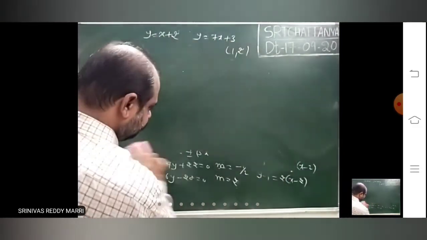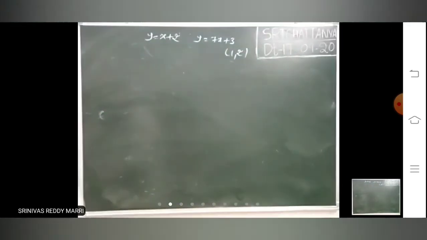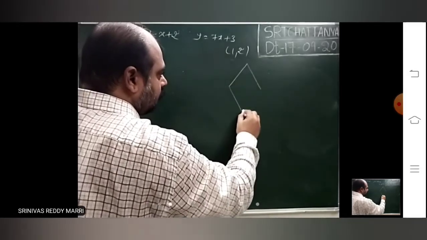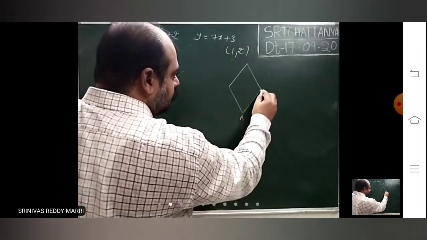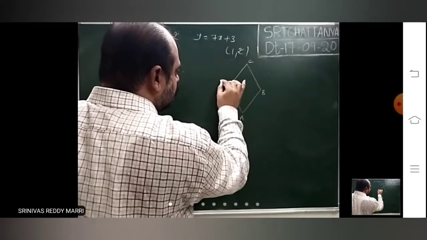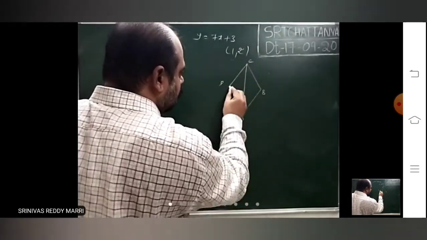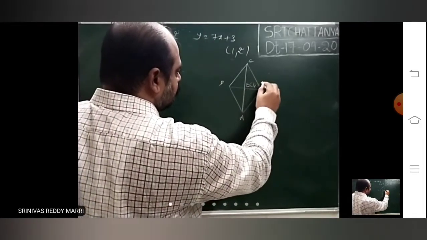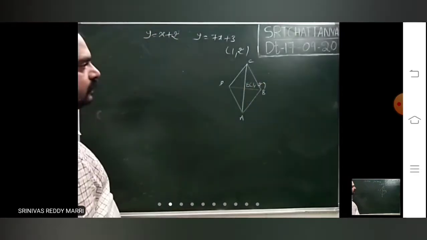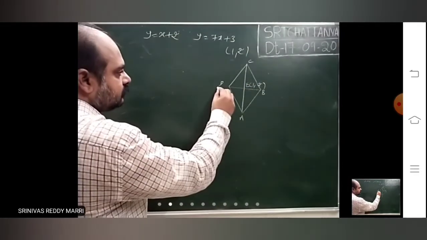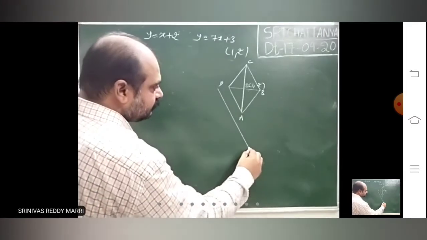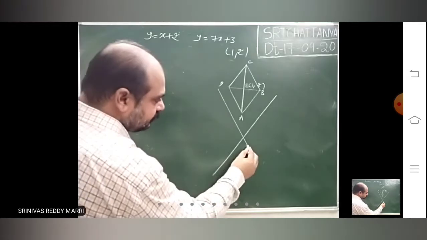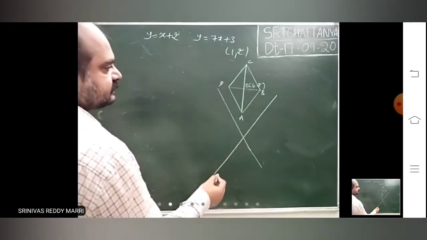Look at the same problem. So this is given, (1, 2), right? So the sides are parallel like this.